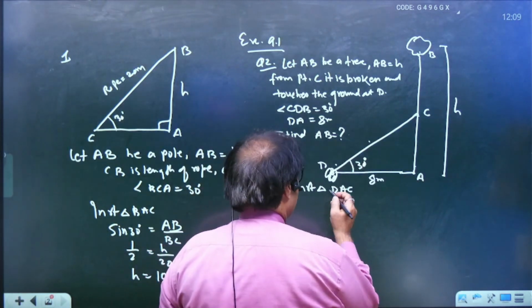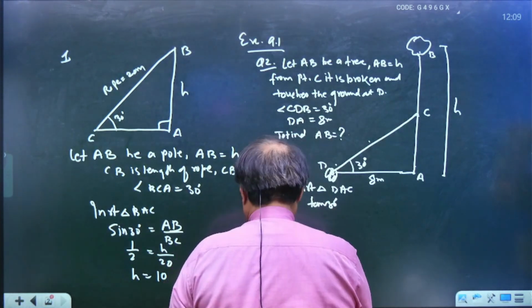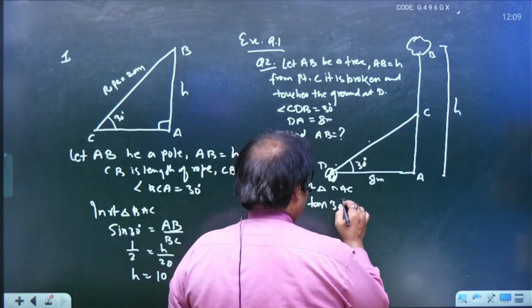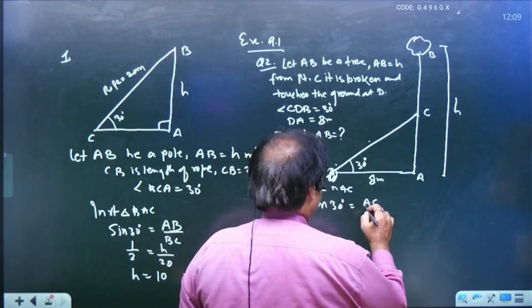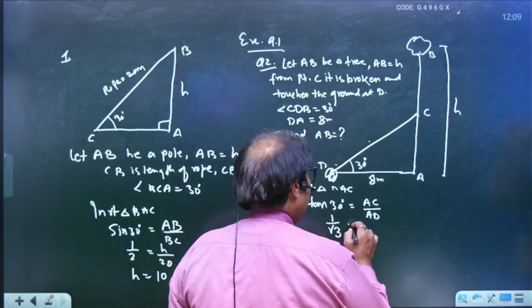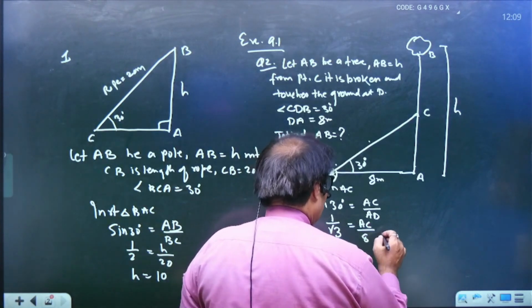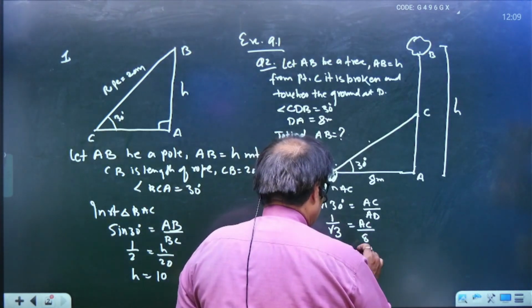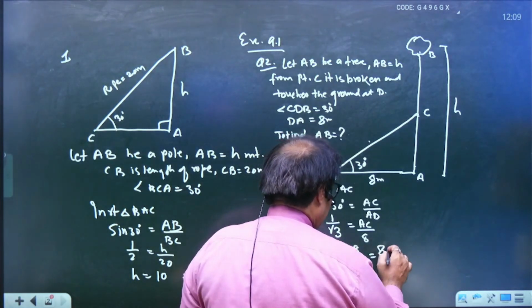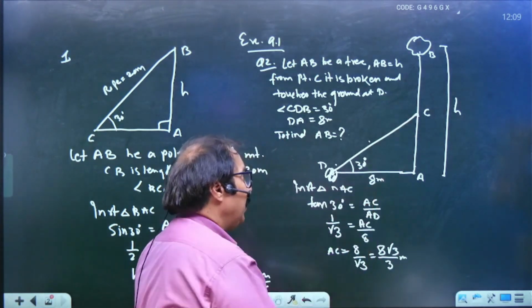So in right triangle CAD, tan 30 degree is equal to AC upon AD, and tan 30 is 1 by root 3. AC we have to find and AD is given 8. So by cross multiplication AC is equal to 8 by root 3. So after rationalizing we can write 8 root 3 by 3 meter. This is the value of AC.